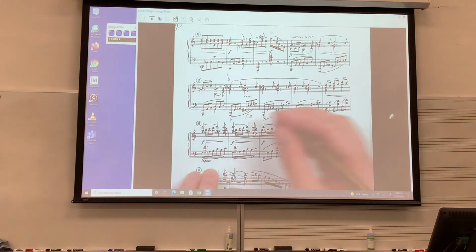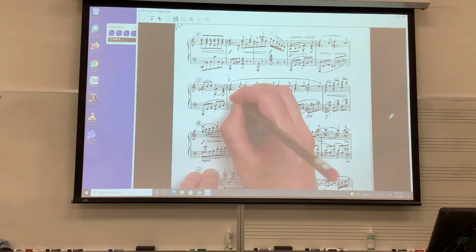If we look at these harmonies, we get some pretty interesting stuff.